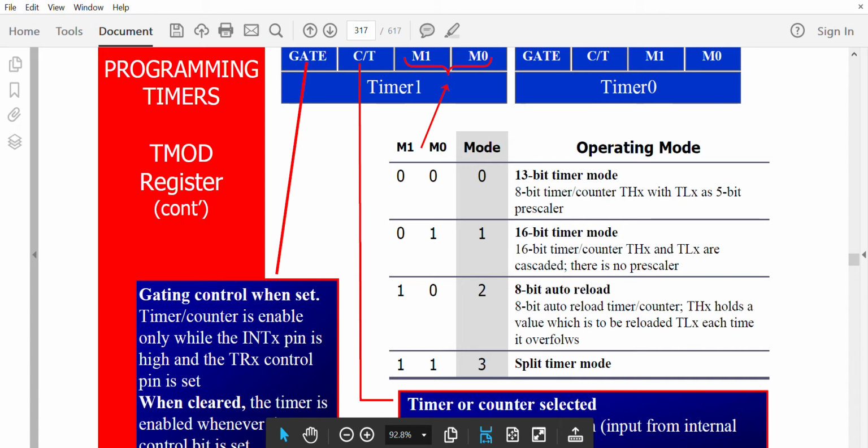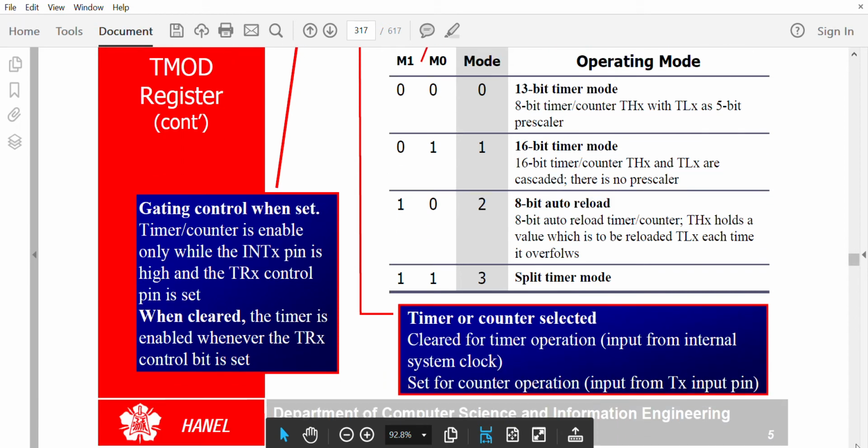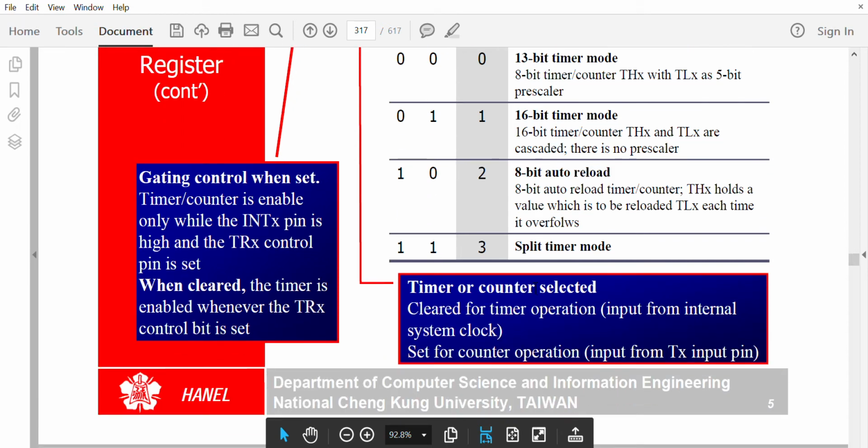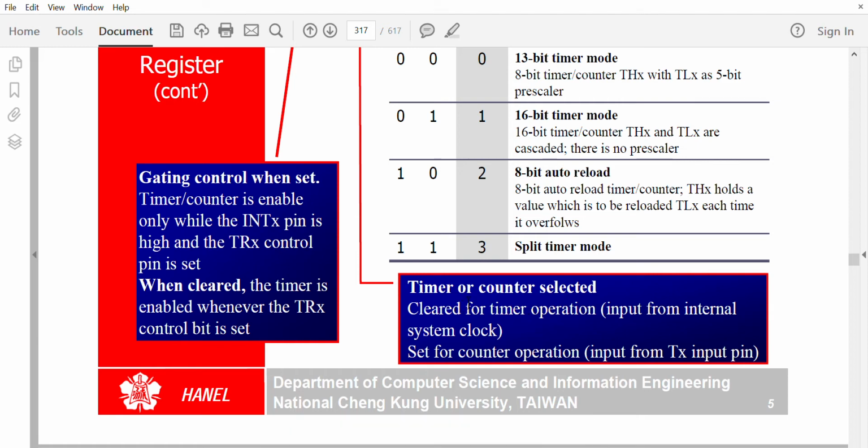Now coming to C bar T, it is counter bar timer. If the C bar T value is 0, cleared, then you take the input from the internal system clock, that is the crystal frequency, and it is acting as a timer.